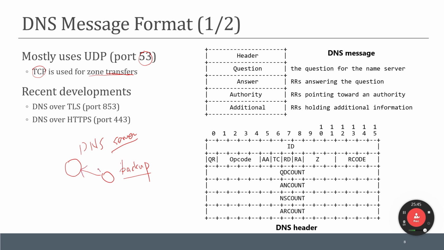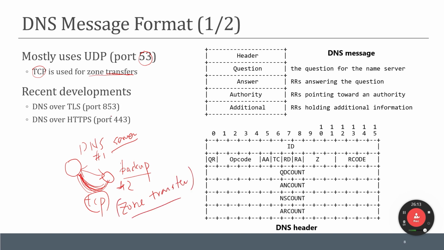Then between DNS server 1 and 2 as a backup, sometimes it's required to synchronize the database of the DNS, right? And this synchronization is very important, and the packets should be reliable. That's why we use TCP. And syncing this database is called zone transfer.